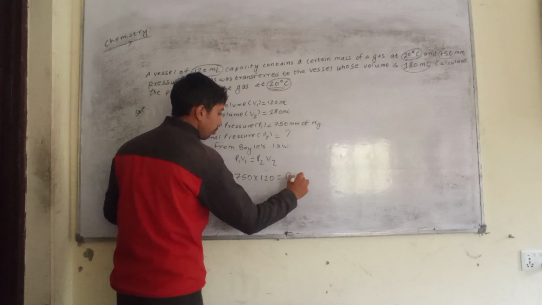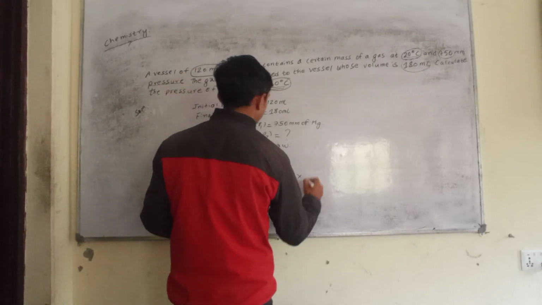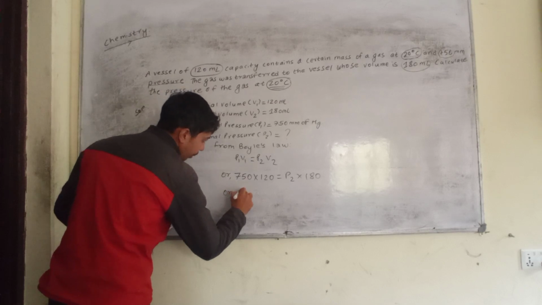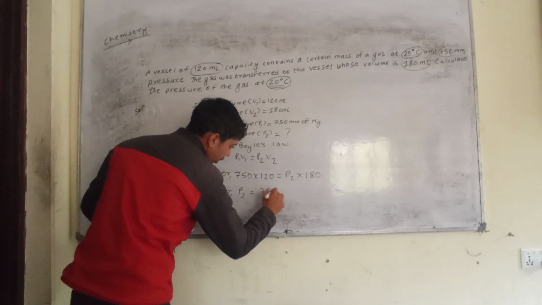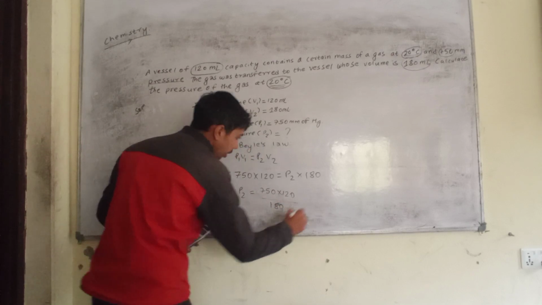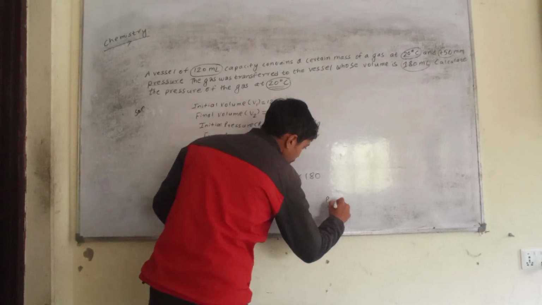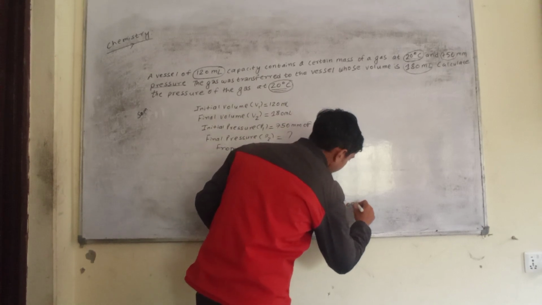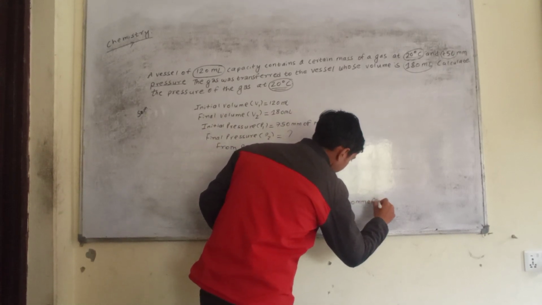We need to calculate P2 and the value of V2 is 180. So P2 equals 750 into 120 upon 180. Therefore, P2 equals 500 mm of Hg.